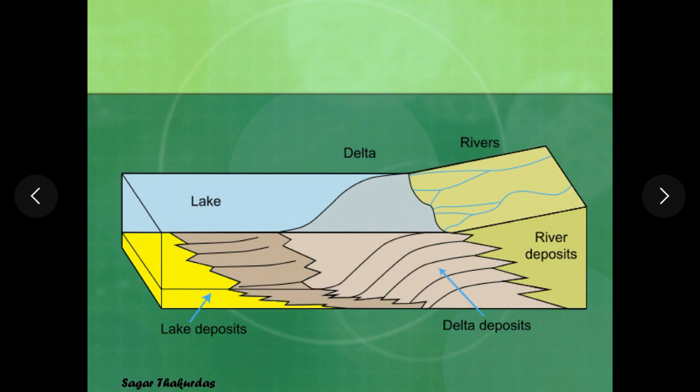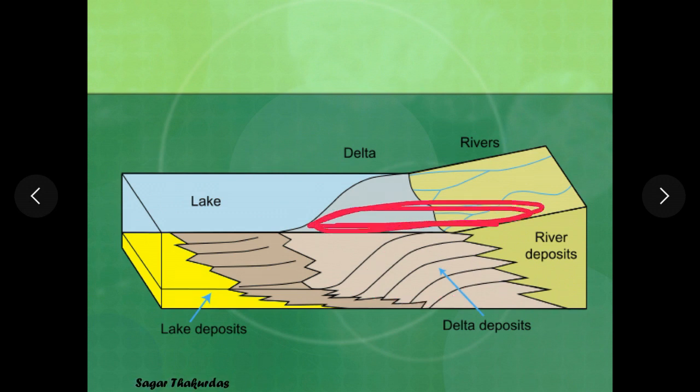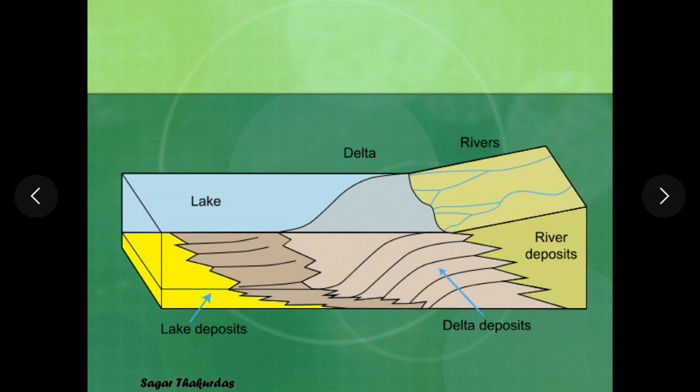So if this pro delta mud contains sufficient organic material and if the conditions are suitable, this pro delta mud may become a source rock, this may become a reservoir rock, and if there is any restriction or barrier for the further movement of hydrocarbons, these deltas could be excellent reservoirs. So most of the oil that is produced today, it is from deltas. If you do some research, you'll be able to find out.